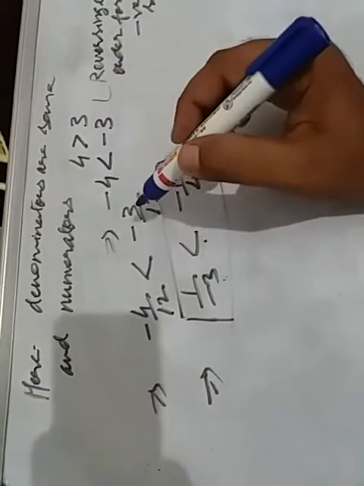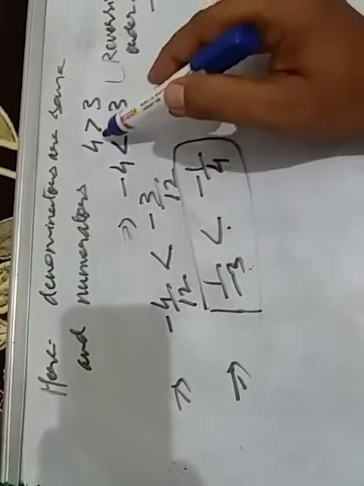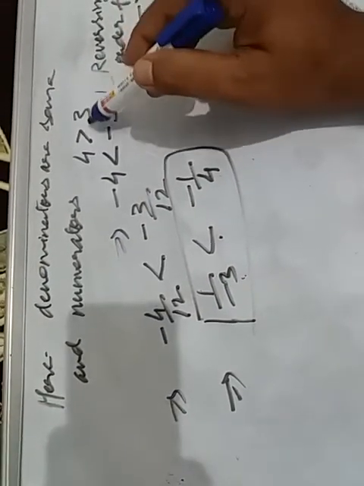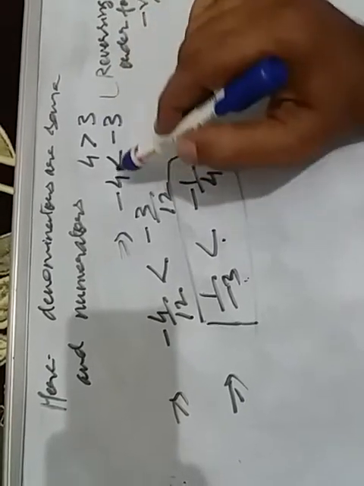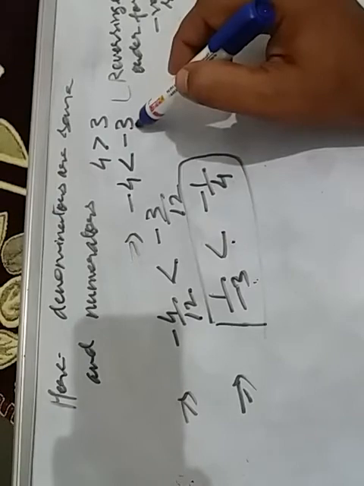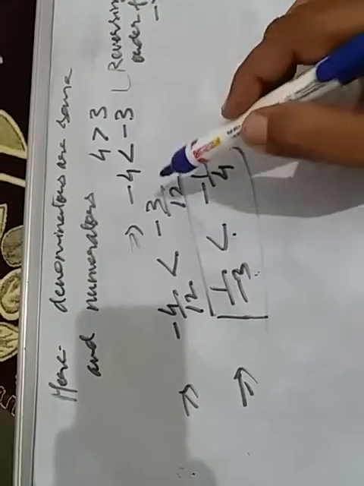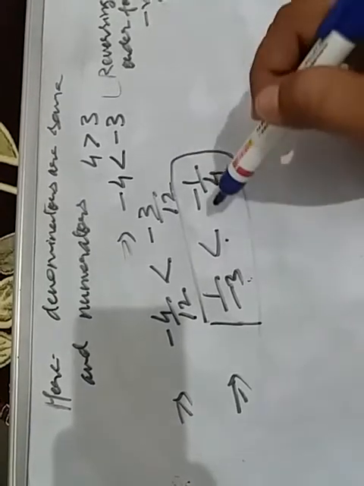Clear? That is minus 4 and minus 3. Here denominators are the same and numerators 4 is greater than 3 when they are positive. Clear? This implies that minus 4 is less than minus 3. So minus 3 is greater. It means that minus 3 upon 12 is the greater rational number, and minus 4 upon 12 is smaller.